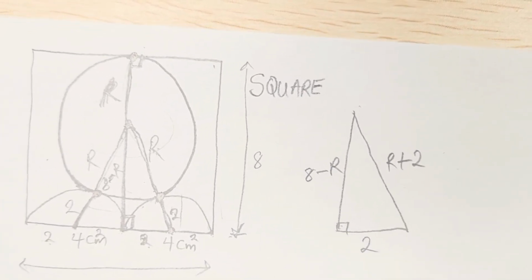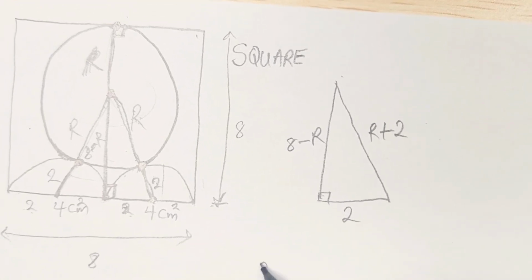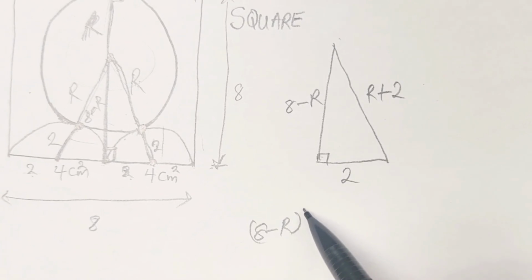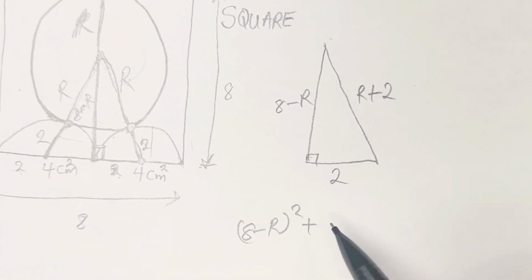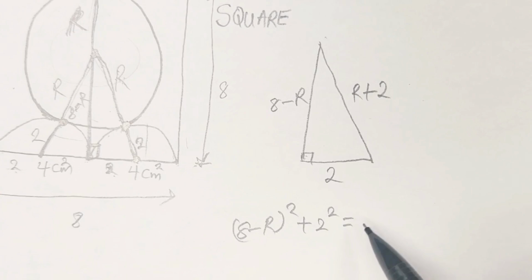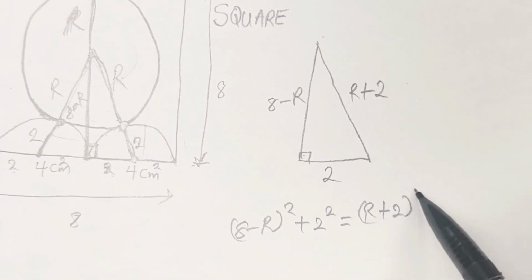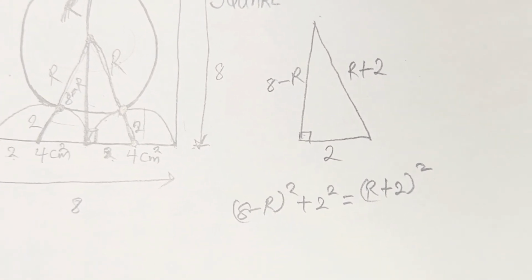Now, we know that (8 minus R) squared plus 2 squared is equal to (R plus 2) squared.